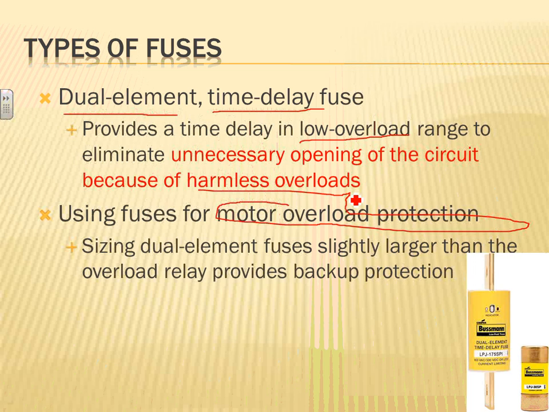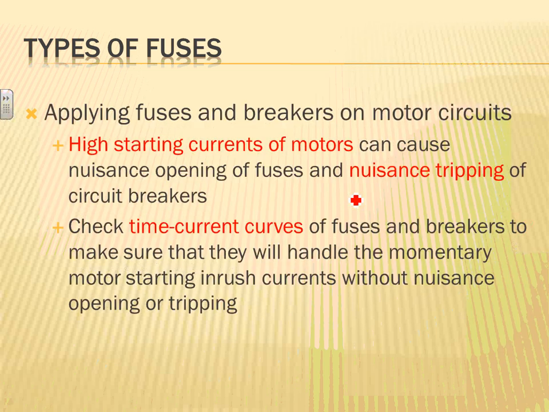But these fuses will provide you a good dual element. It will prevent unnecessary tripping because it has an intentional delay on it, and a backup overload protection. The other one is the high starting currents of motors, nuisance tripping, and time characteristic curves.